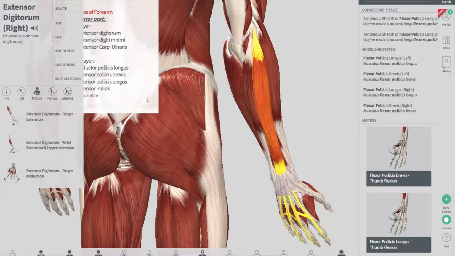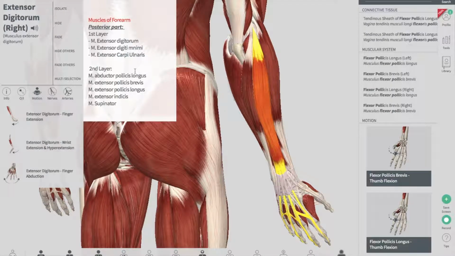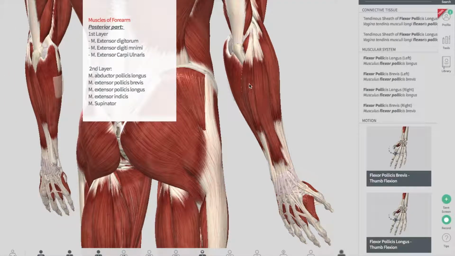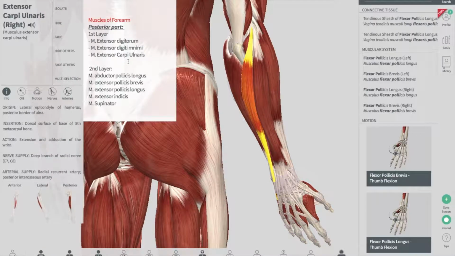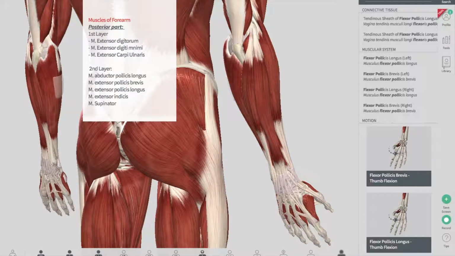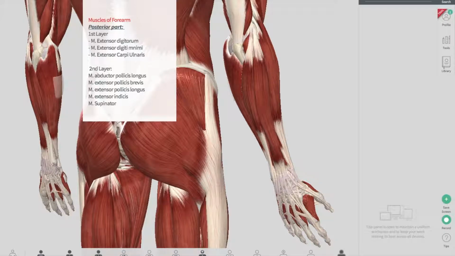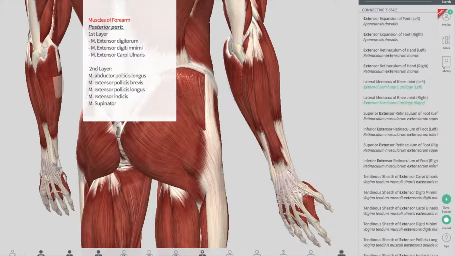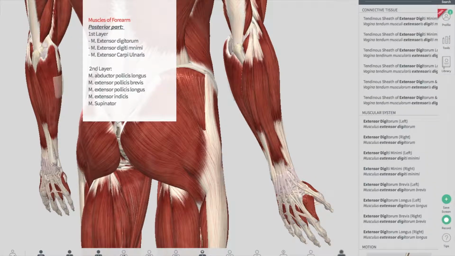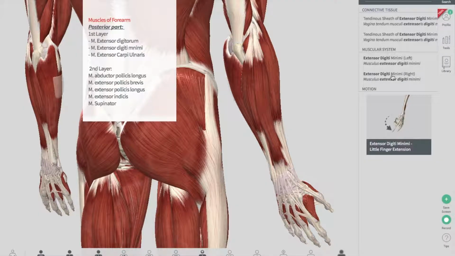So the next muscle in our group, let's look at our list again. That's going to be the extensor digiti minimi. Extensor digiti minimi is going to sit on the little finger. That's what digiti minimi means, little finger. Let's see if we can also search for that one. Here you see extensor digiti minimi.